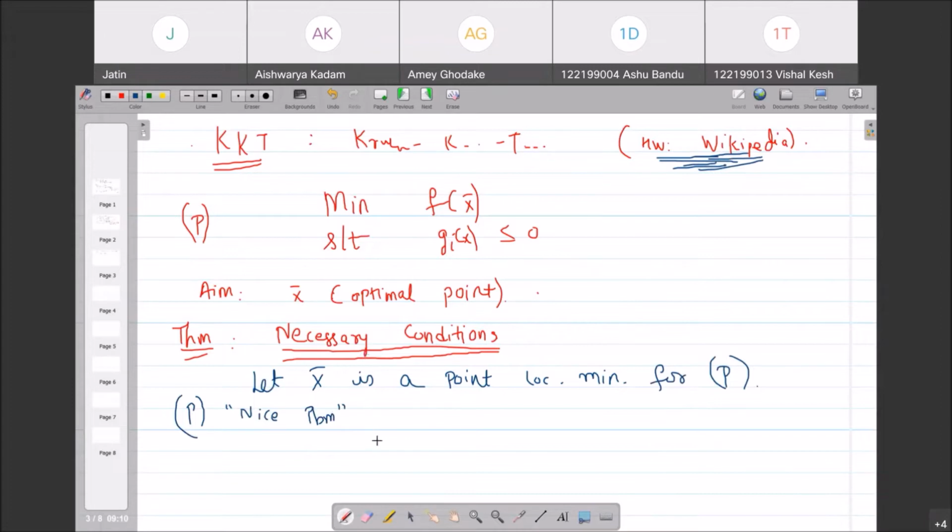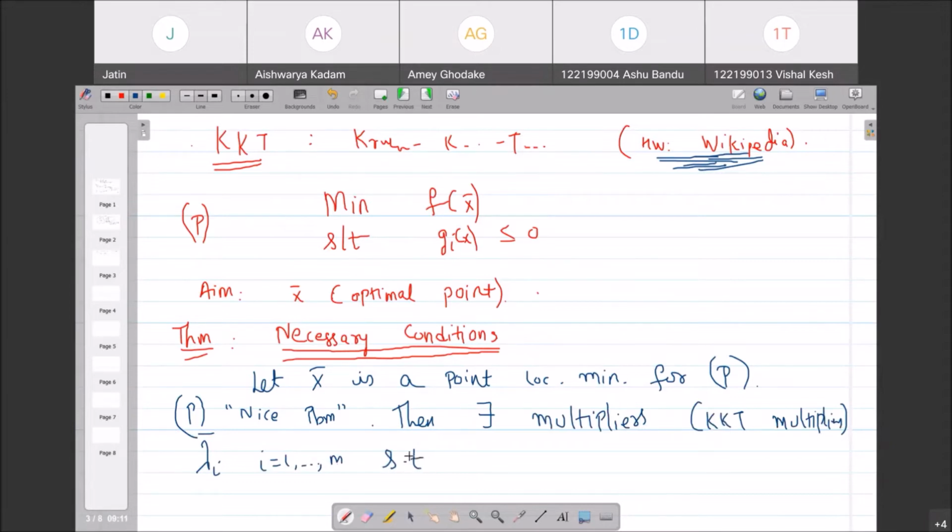Then there exist multipliers, sometimes also called KKT multipliers, lambda i's. Some people denote them by lambda i, some by lambda i bar. It's okay. i is from 1 to m.